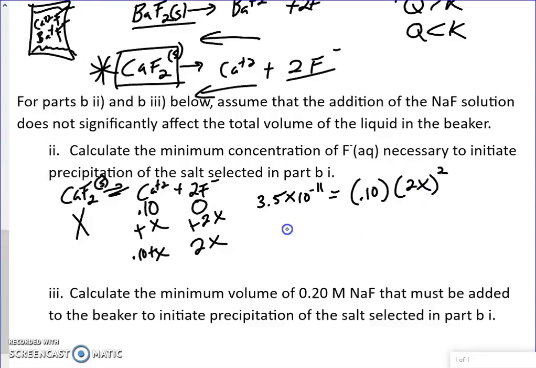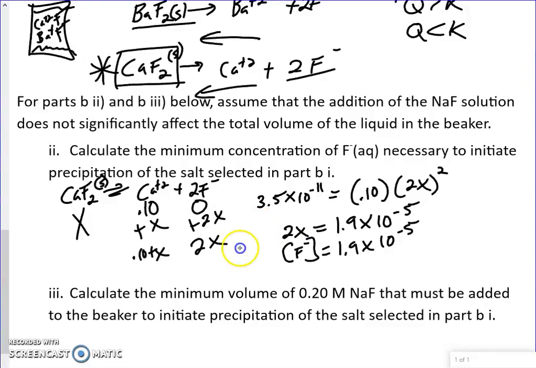When we take the square root, 2x is going to equal 1.9 times 10 to the negative 5th. Remember, 2x is the fluorine ion concentration, so the fluorine ion concentration is equal to 1.9 times 10 to the negative 5th. We're not actually solving for x, because what we care about is this right here, which is equal to 2x.